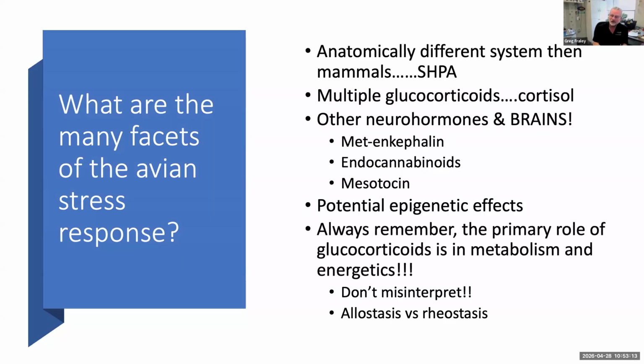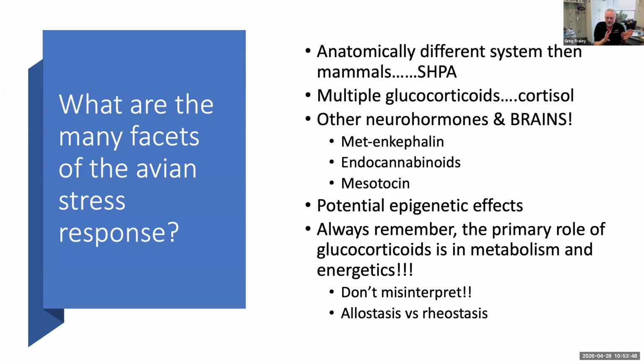The potential epigenetic effects. So I'm working with Luis Brito here, looking at how that cort in the egg is affecting the phenotypes of multiple generations. And what's really important is that these glucocorticoids, everybody measures them now. It's so easy to measure, which is unfortunate for certain reasons, but it's very possible to misinterpret the effects.